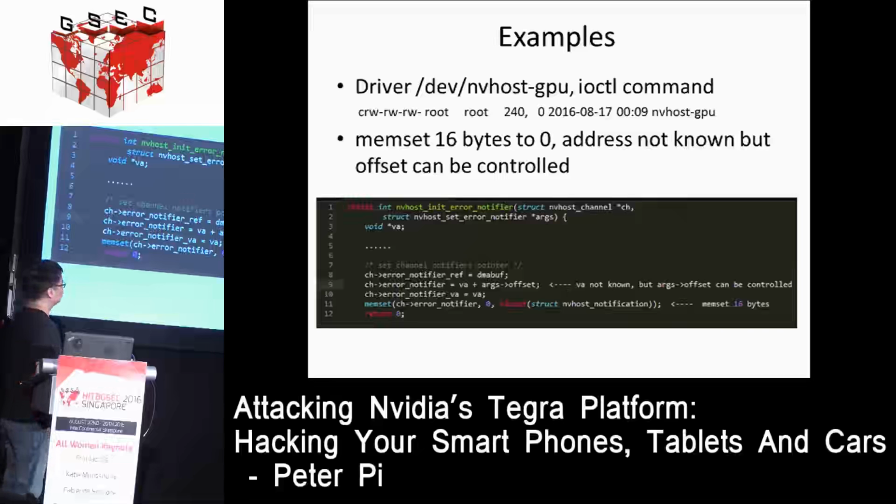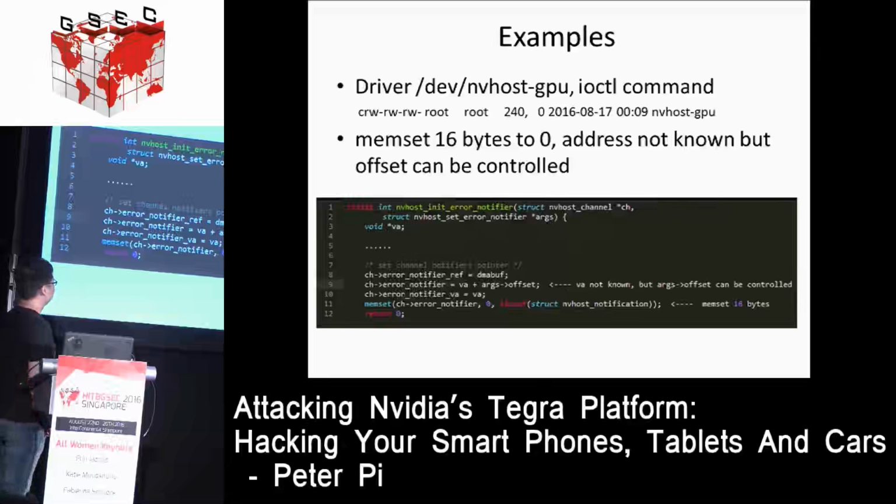This is the second example. It is in the driver nvhost-gpu when handling one IO control command. This driver also can be accessed by any user. You can see in the code, the code doesn't check the args offset.